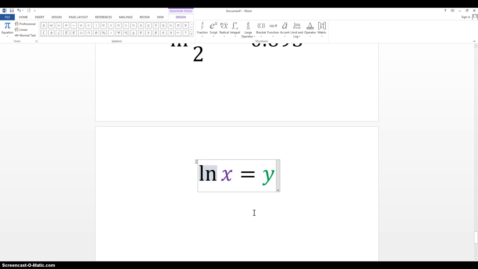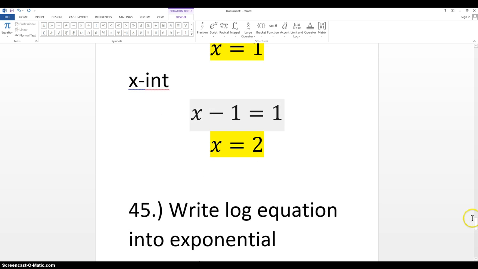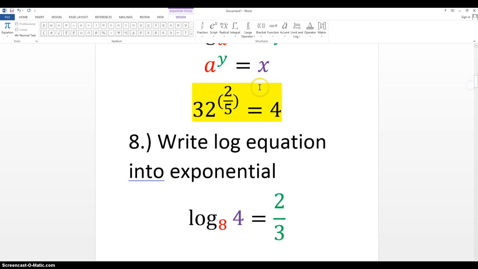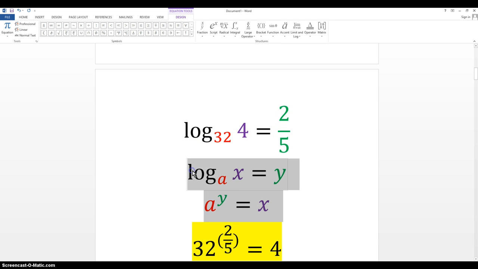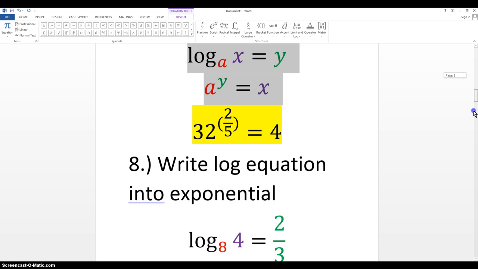And the reason why I can't do this in my program is because it's assumed that the base of natural logs is E, so you don't even have to write down that base. But I'll actually change it so that you can be able to see it. So let's go ahead and write it that way.